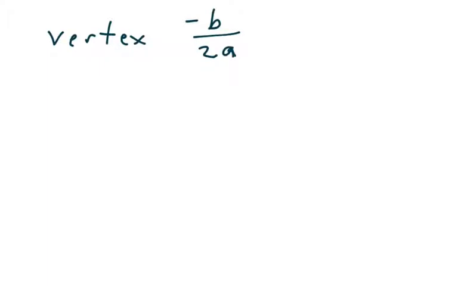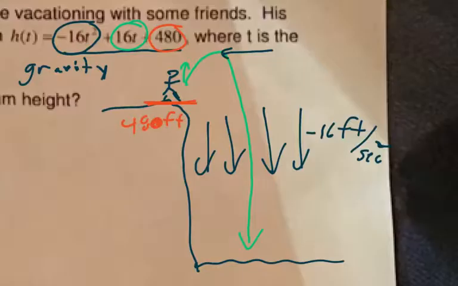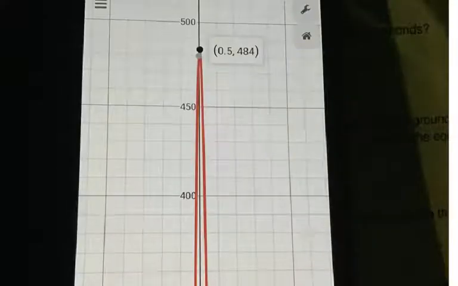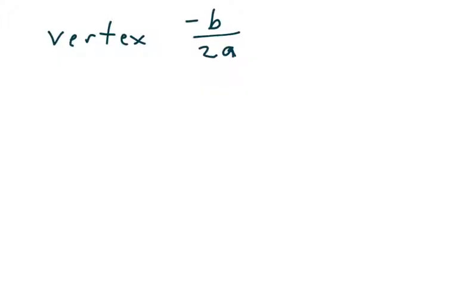The same formula we use to set up our table, because remember, the vertex is what I always refer to initially as the middle number of our table, but it's actually the maximum or minimum point. In our case here, this is the maximum point, that's the highest that he's going to jump to before he falls to the ground.